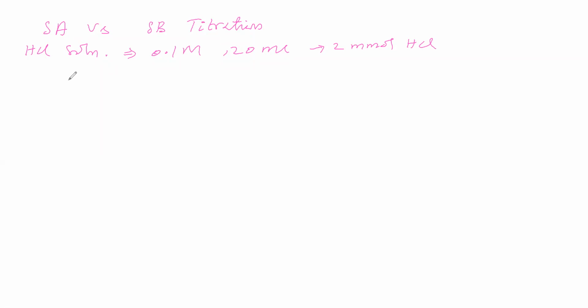These 2 millimoles of HCl solution have a certain conductance, that is, a certain current carrying ability. Now we have to convert this for 1 mole of solution. What is the conductance value for 1 mole of solution?